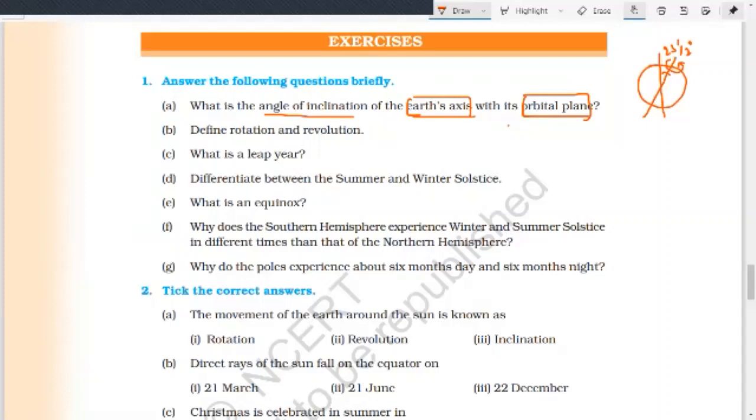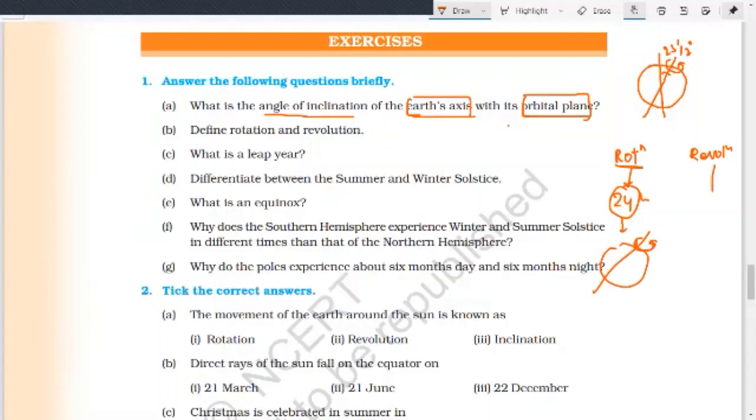As you know, the motion of Earth is of two types. The first one is rotation and the second one is revolution. The rotation of Earth is completed in 24 hours. Earth rotates around a particular imaginary line, which is called the axis of the Earth.